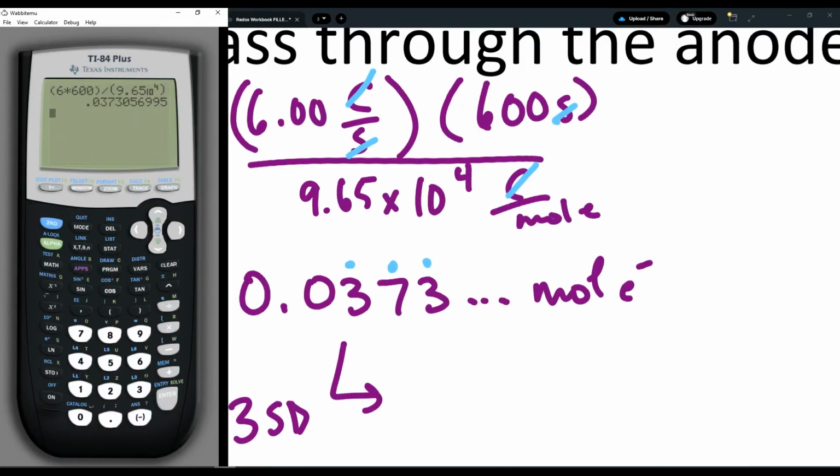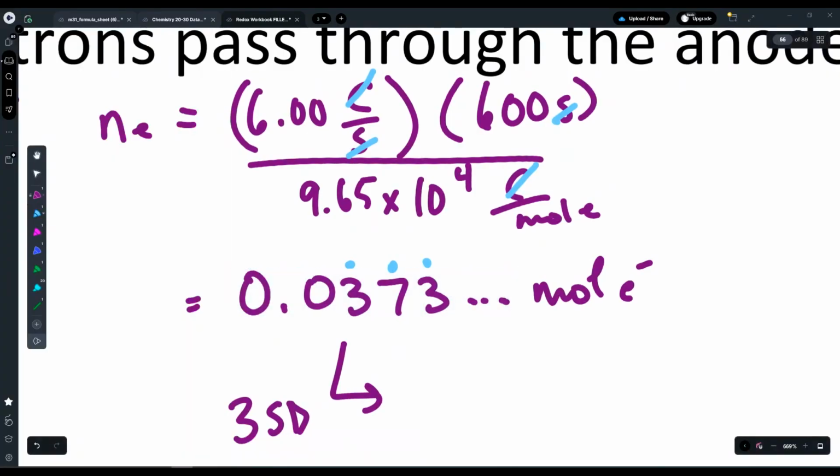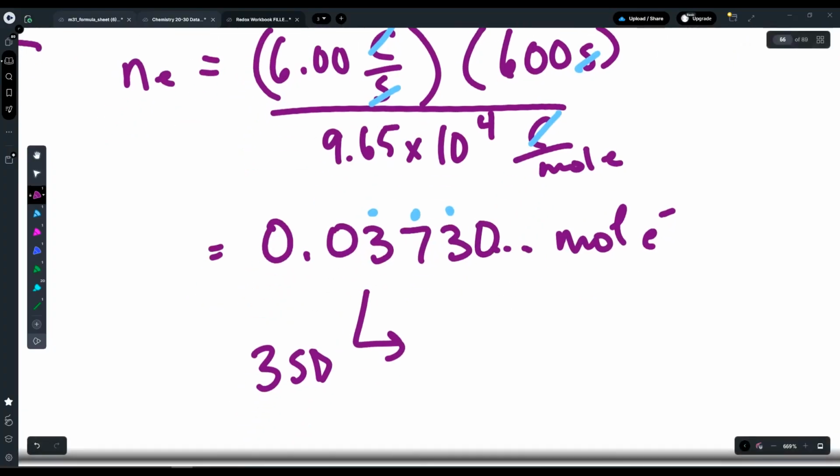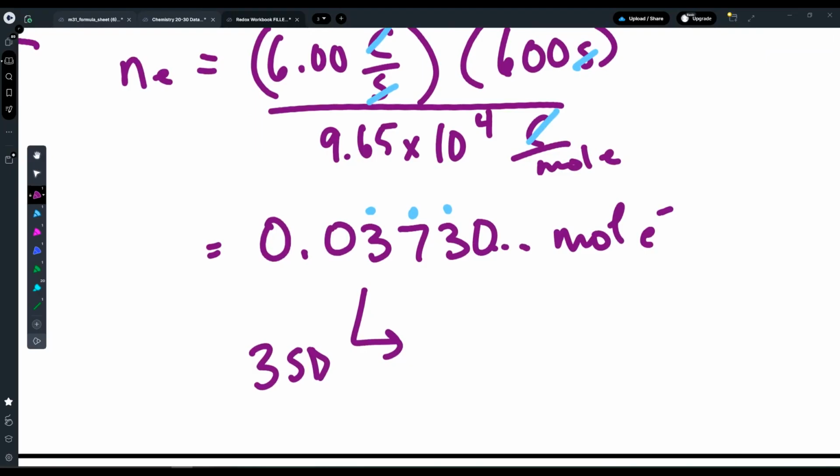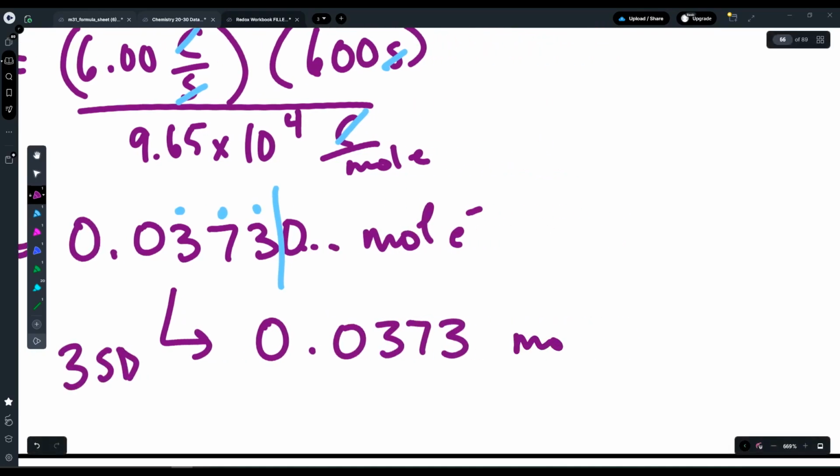So it looks like there's a 0 behind the last 3. I'm just putting an extra digit just to show you what's happening with the rounding. So our cutoff line is right here. So my final answer will be 0.0373 moles of electrons.